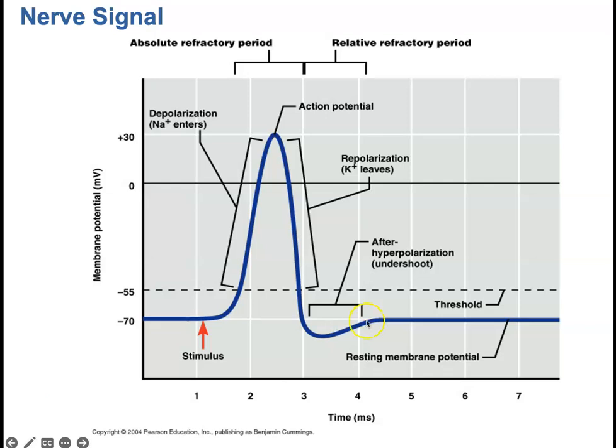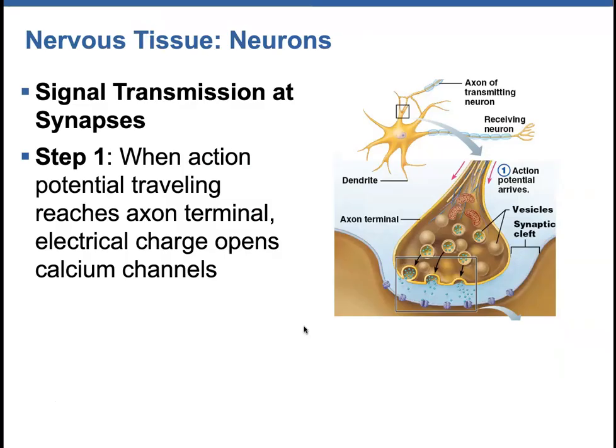Ideally you want it to happen at rest, because it's much easier to stimulate the membrane then. During hyperpolarization it's very difficult to stimulate the membrane again, whether the neuron is touching a muscle, a gland, or another neuron. But you still can during relative refractory. You cannot during absolute. So during absolute refractory, think of it as absolutely no way can you stimulate the cell. Relative refractory means, relatively, you could have a strong enough stimulus to stimulate that cell. So that's what that refers to.